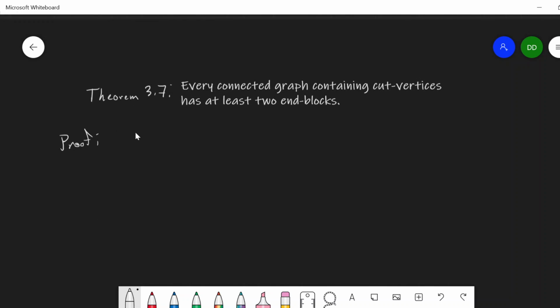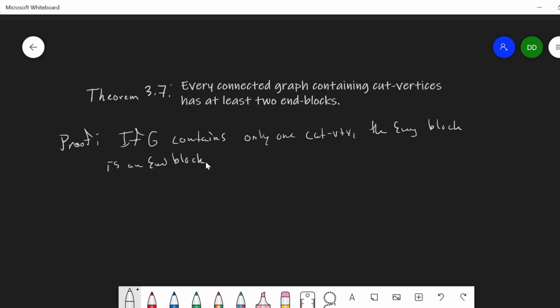First off, if G contains only one cut vertex, then every block is an end block, and we're done. Remember, an end block is a block with only one cut vertex in it. So if G only has one cut vertex, every block is an end block.